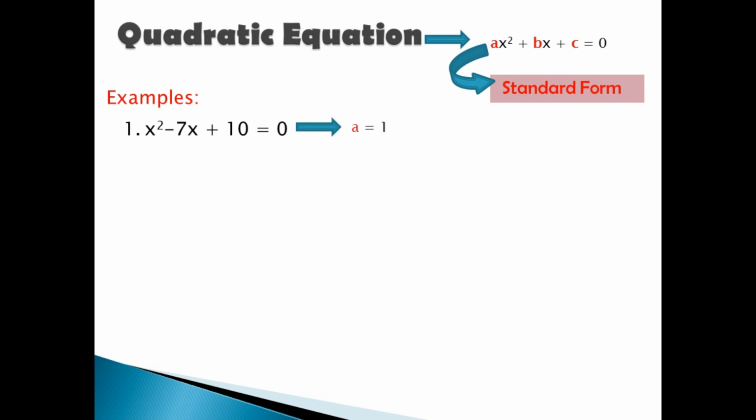The value of a equals 1, b equals negative 7, and c equals 10. Another example is 2x squared plus 3x minus 10 equals 0, wherein a equals 2, b equals 3, and c equals negative 10.